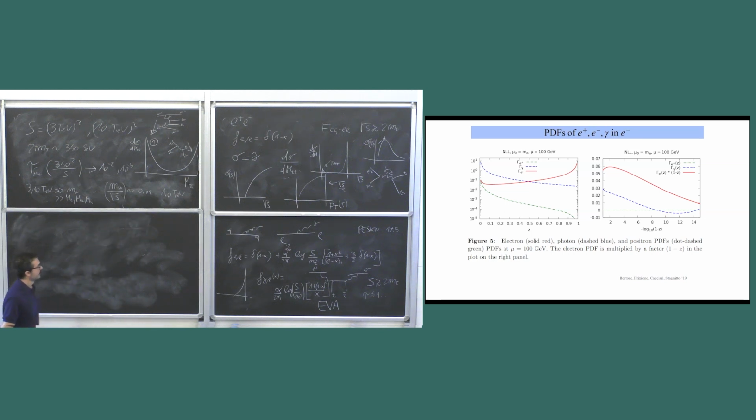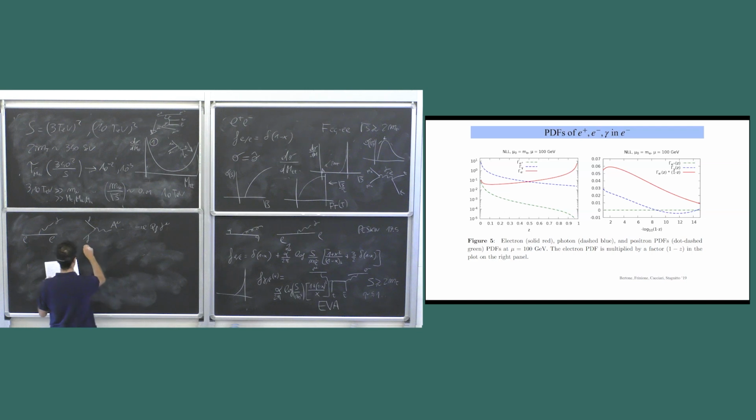So we have f gamma, and this is the EVA. And this comes from the QED interaction, and the Feynman rules, here I write a mu for the photon, the vertex is minus i e gamma mu.